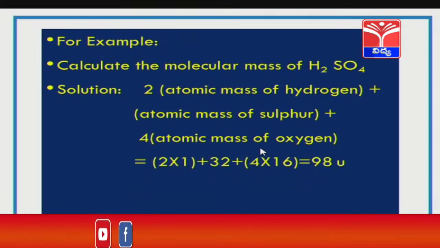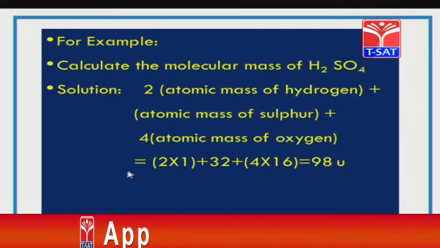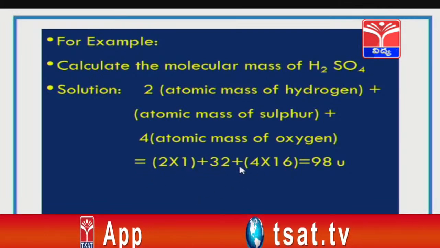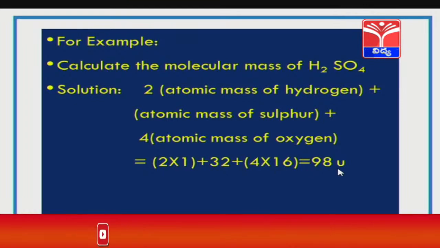Altogether, the atomic mass of hydrogen is 1, the atomic mass of sulfur is 32 and the atomic mass of oxygen is 16. So, we get 2 into 1 plus 32 plus 4 into 16, which is equal to 98 u, 98 units.